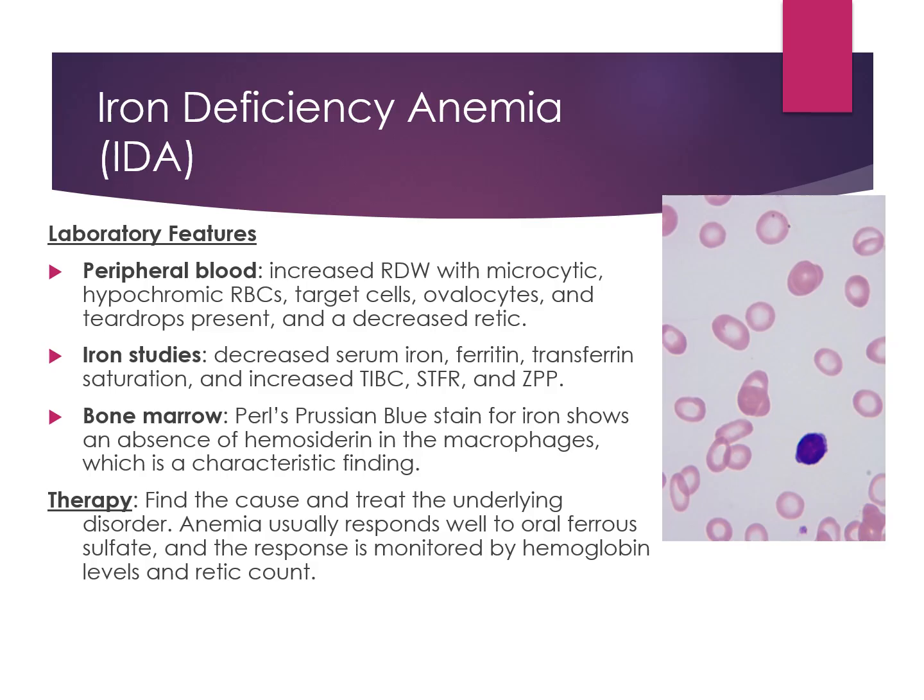What we might find with regard to our red blood cell indices is an increased RDW. Remember, we're going to have a lot of variation in the size of cells, that anisocytosis. We will see microcytic hypochromic RBCs. We might see morphologies like target cells, ovalocytes, perhaps teardrops, and a decreased reticulocyte count.